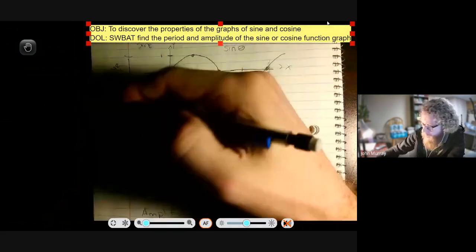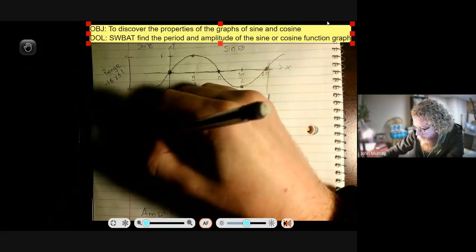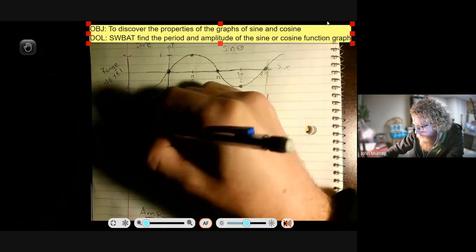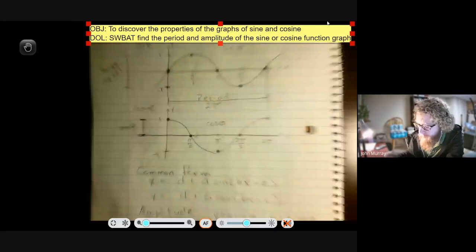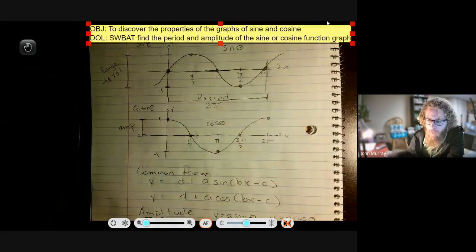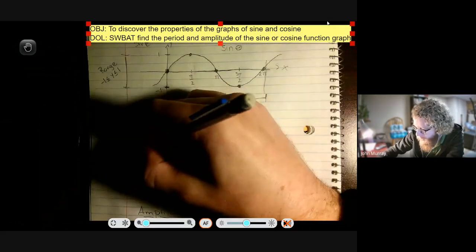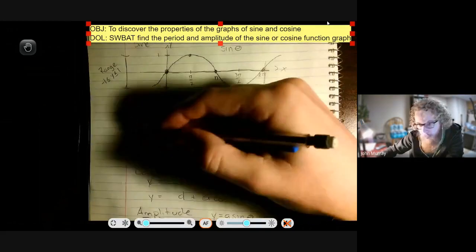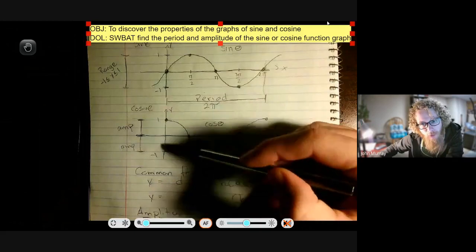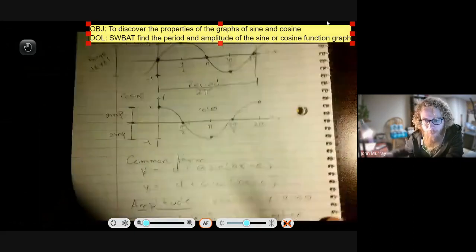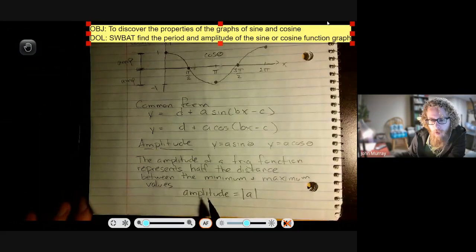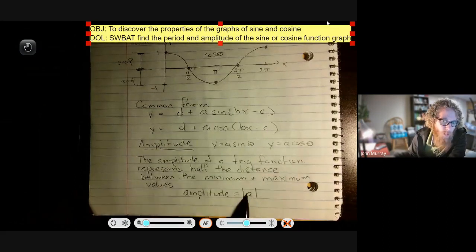So if I'm looking at my original functions, the amplitude only goes from the origin up to the top, or the origin, the x-axis, down to the bottom. The amplitude isn't the full range. And when we take the amplitude, we're not worried about negative numbers, so we take the absolute value of a.